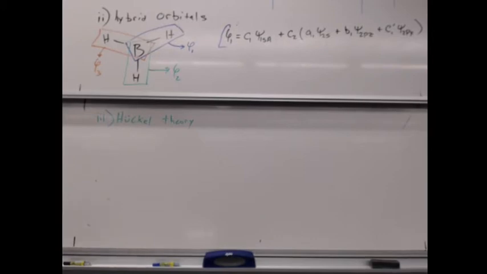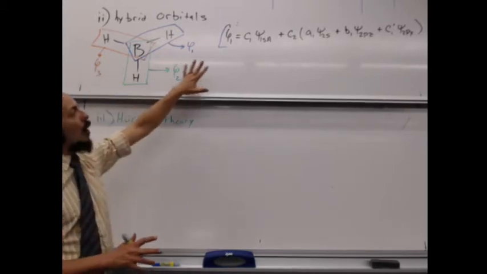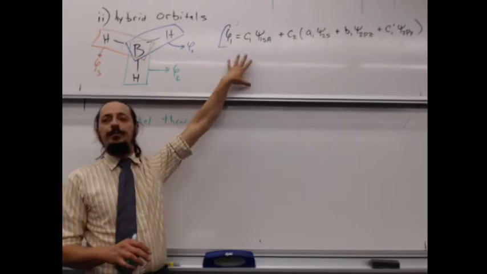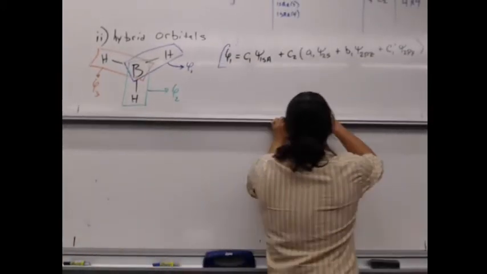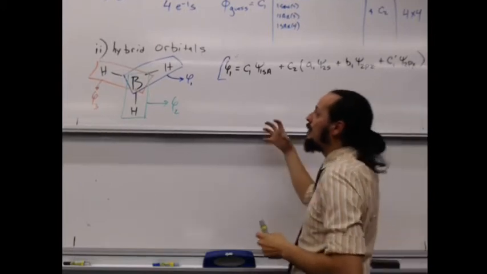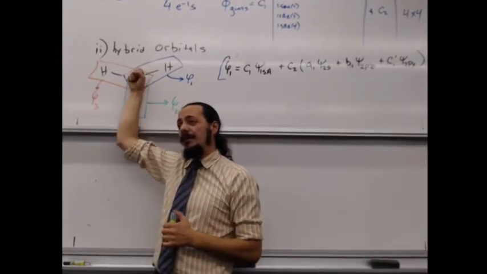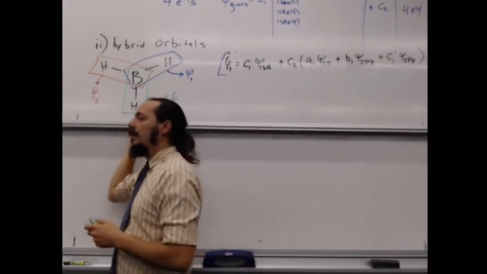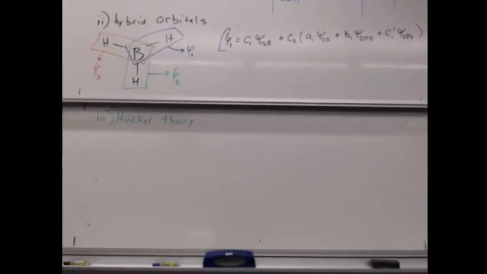Okay, so Huckel theory is, again, just like hybrid orbitals are a particular system, Huckel theory is going to build off of hybrid orbitals in this idea of how we can create some function out of hydrogen-like wave functions to describe a single atom interacting with other atoms. Huckel theory is going to build off of that.